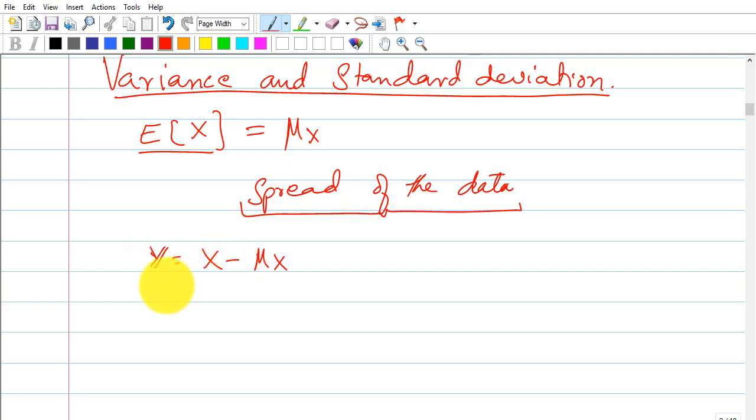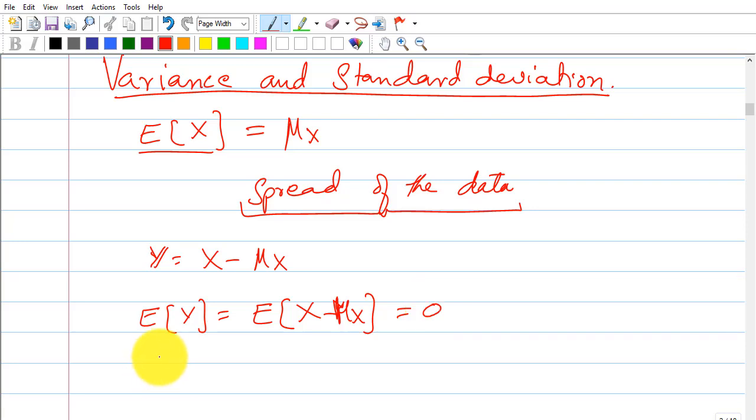We have seen in the previous theorem that the expected value of this derived random variable y, which is x minus mu x, is always 0. So looking only at the difference will not give us a very good picture of the data, because it is always 0.